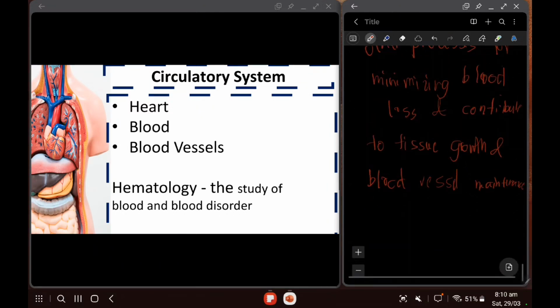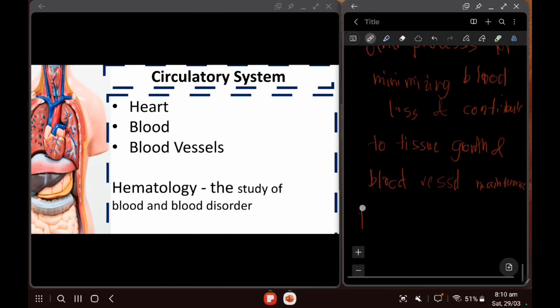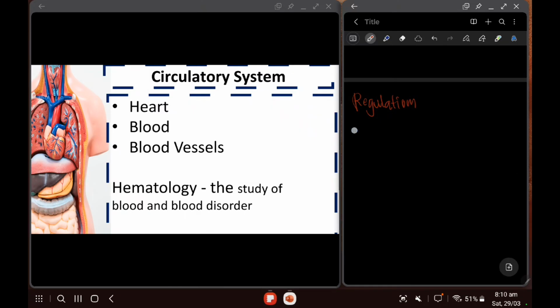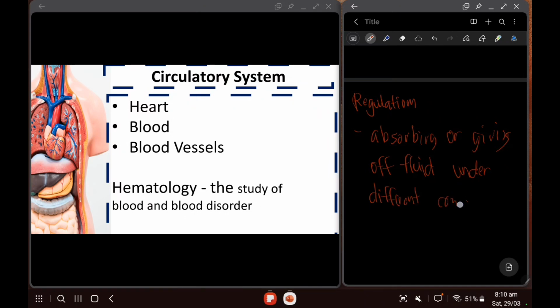Then, another one is regulation. Our circulatory system regulates by absorbing or giving off fluid under different conditions.